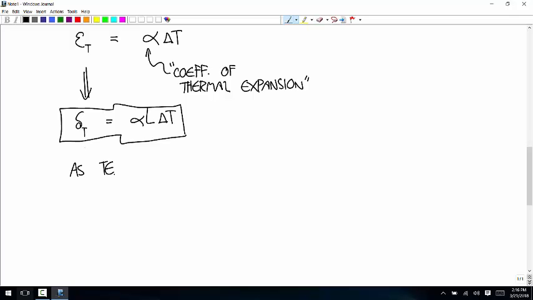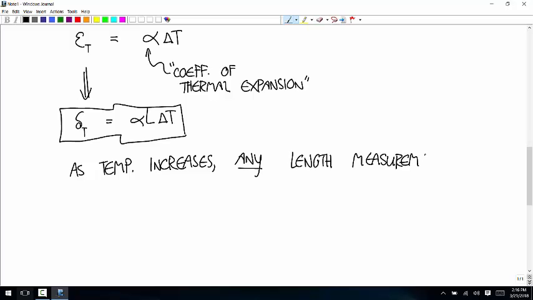So if the temperature increases, any length measurement you take increases.